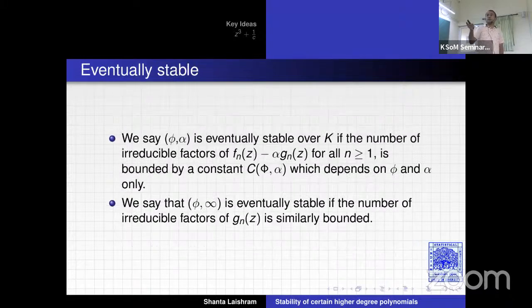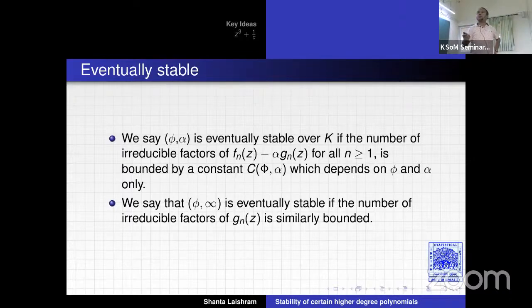So phi is a rational function. Now phi, alpha is eventually stable if the number of irreducible factors of fn minus alpha gn is bounded by a constant which depends on the rational function phi and alpha, and not on n.